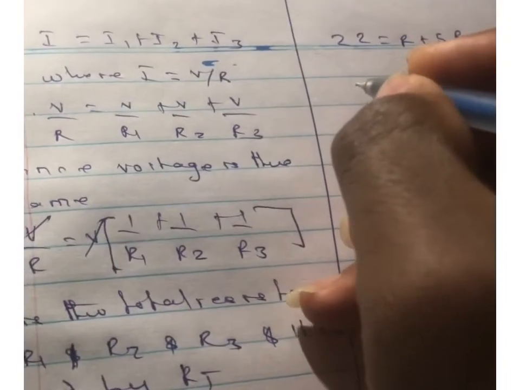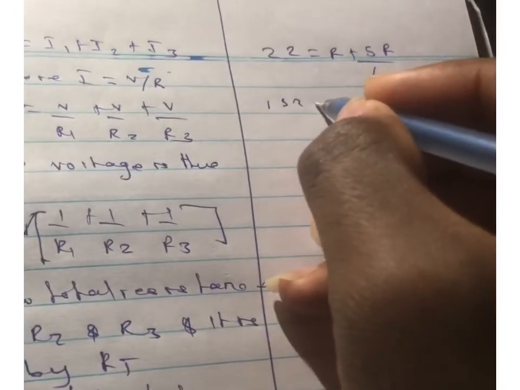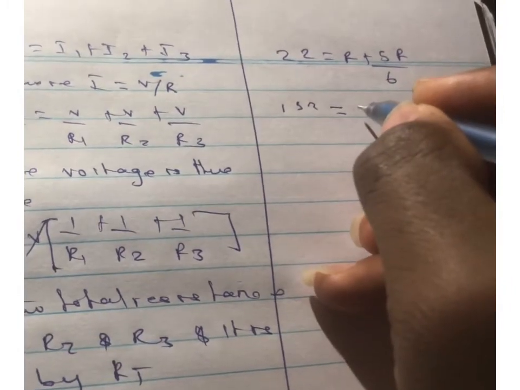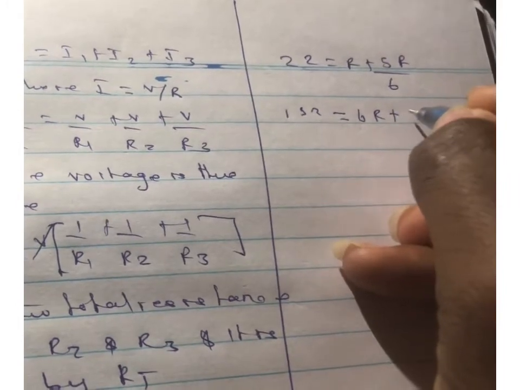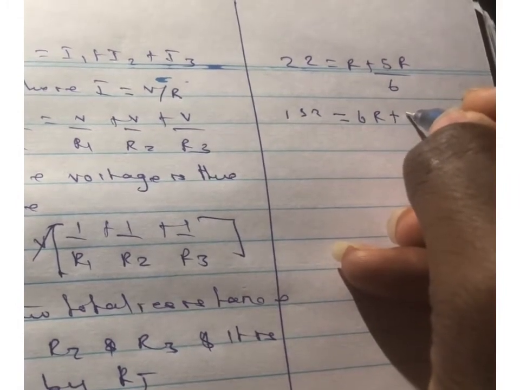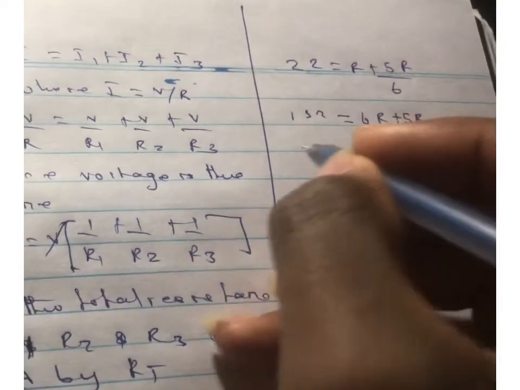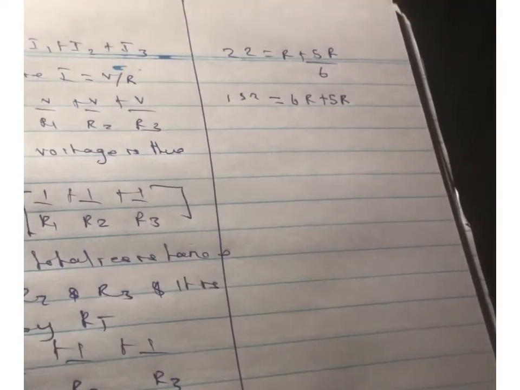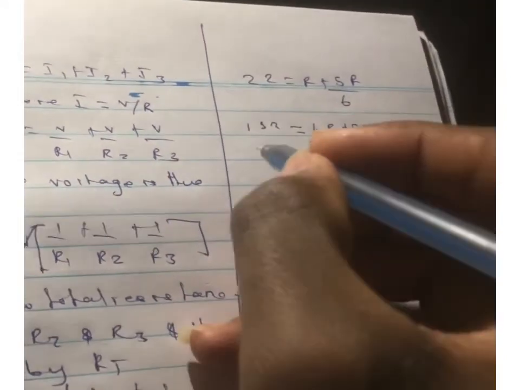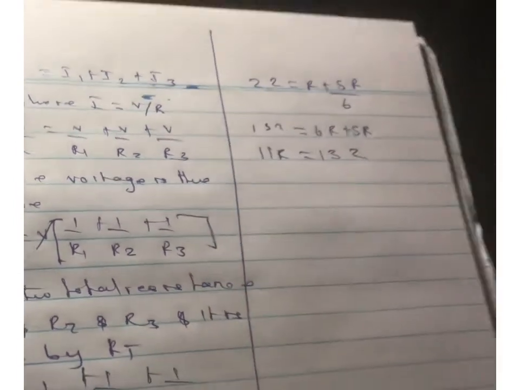So we now have 132 is equal to 6R plus 5R. So we can now rearrange. We now have 11R, the same thing as 132.